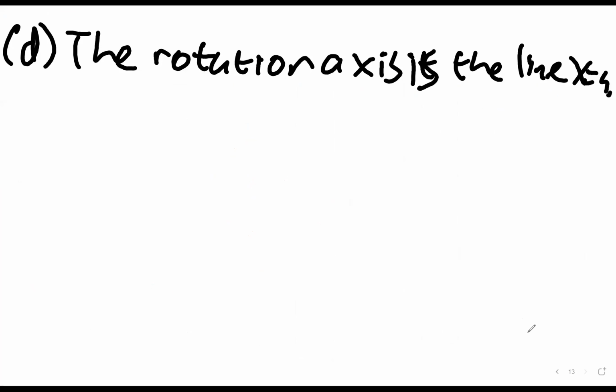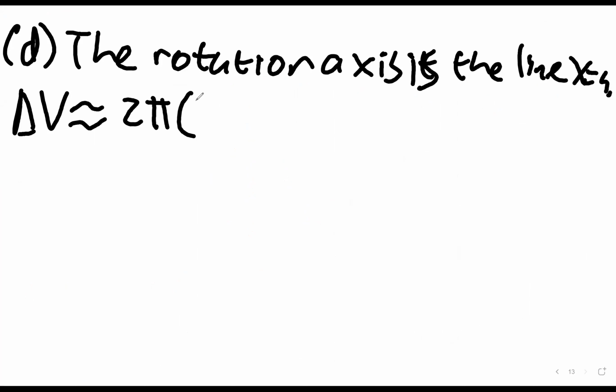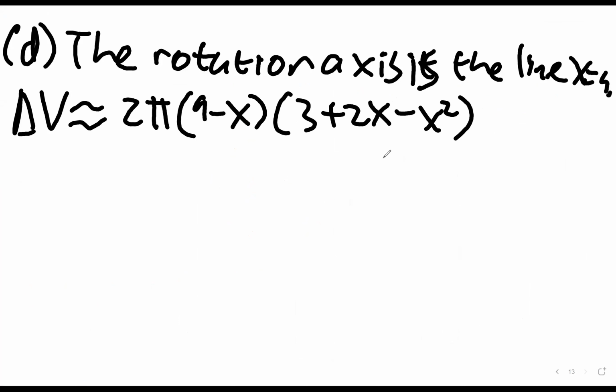So the rotation axis is the line x equals 4. So the approximation for delta V is 2 pi multiplied by the average radius, which is 4 minus x. The height is 3 plus 2x minus x squared, and then multiplied by delta x.